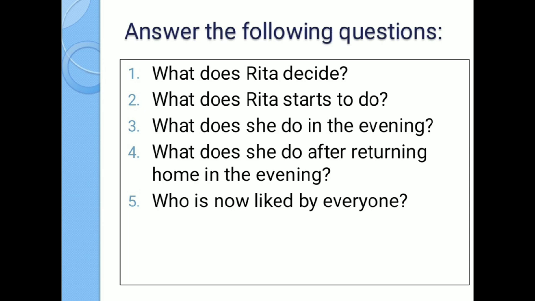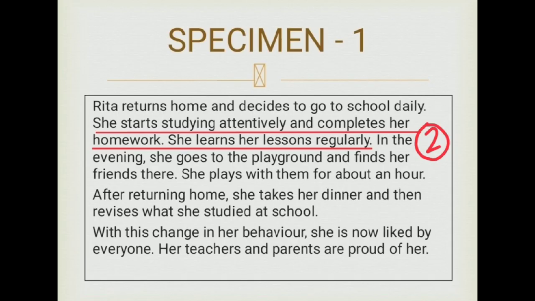What does Rita start to do? Let's look at the passage again. I have underlined: She starts studying attentively and completes her homework. She learns her lessons regularly. I have marked it number 2 because this answer belongs to number 2.